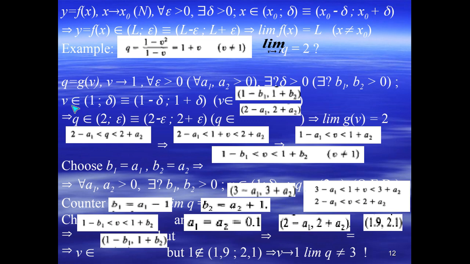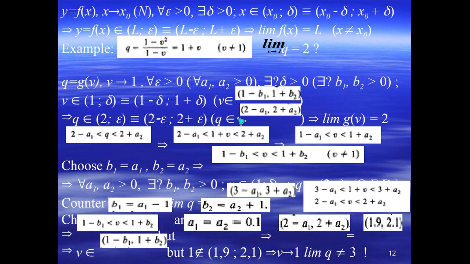So that for v in the open ball (1 minus delta, 1 plus delta), or as the book says, v belonging to (1 minus b1, 1 plus b2), does q remain in the open ball (2 minus epsilon, 2 plus epsilon)?